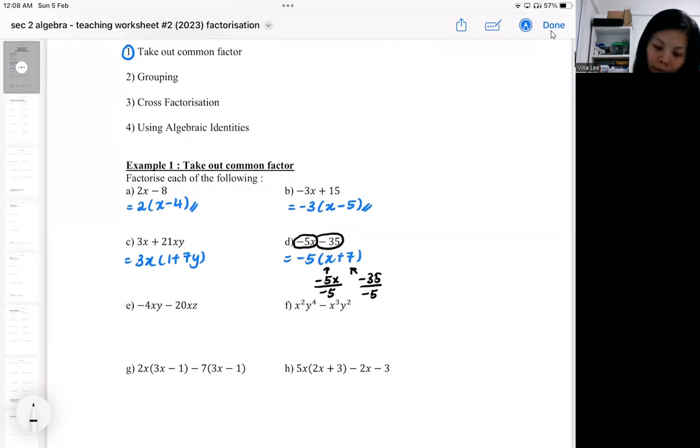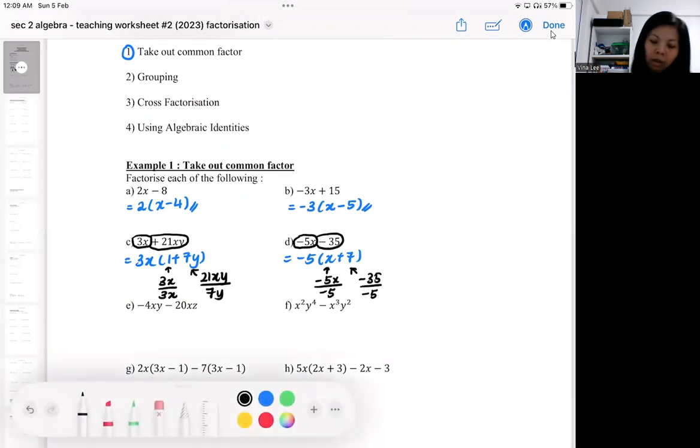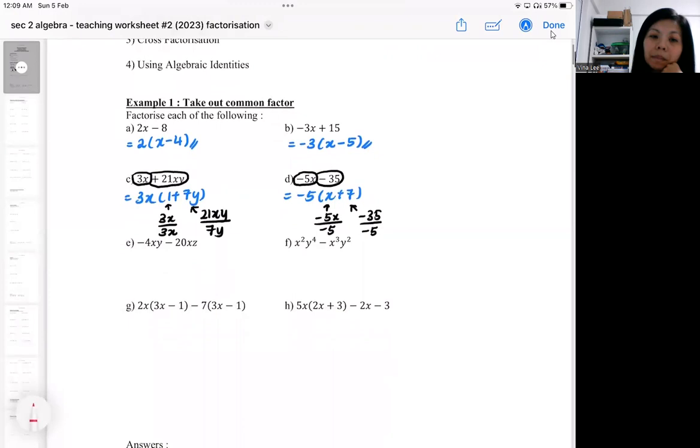How do you get a 1 here? You use the first bubble and divide by the common factor. How do you get the 7y? You get 21xy divided by 7y. So in a way, factorizing is like dividing up. You've got to think about divide. When things get very difficult, maybe you will need this divide thing.